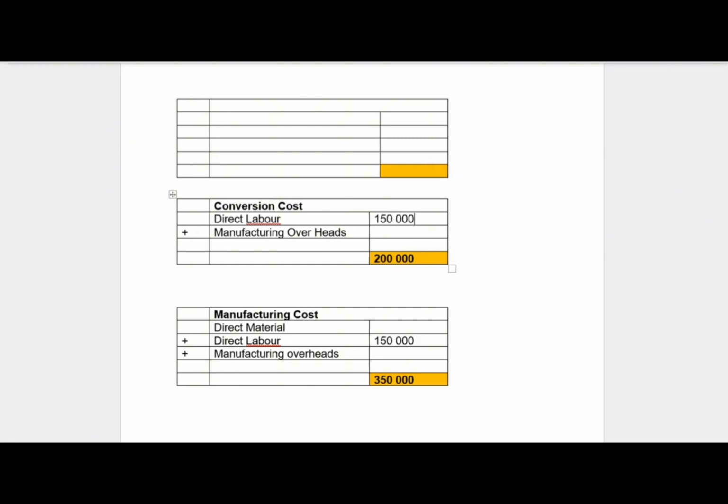Now, this is what we have, and remember, we are required to calculate our primary cost and direct material.